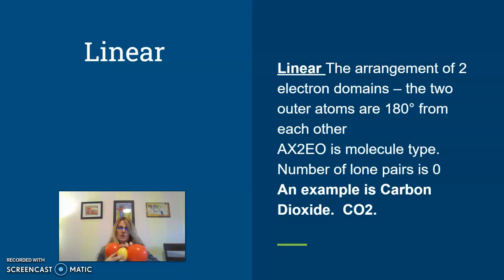So the type of molecule is AX2E0. So that means the A is the central, the X are the two attachments, and the E is how many lone pairs. So this can have 0 lone pairs. It's a very happy little guy. All right, so that's the linear, and an example of that is carbon dioxide.